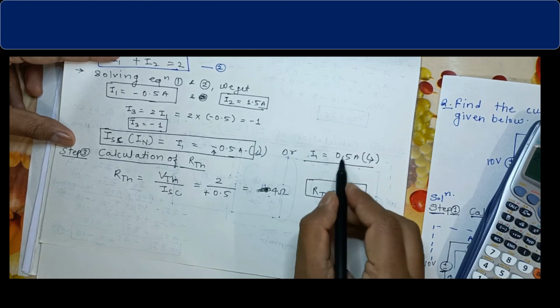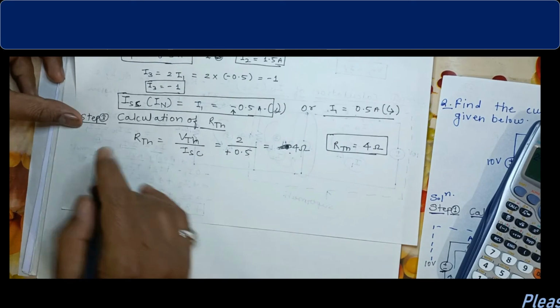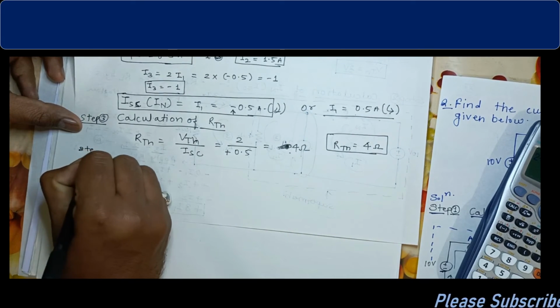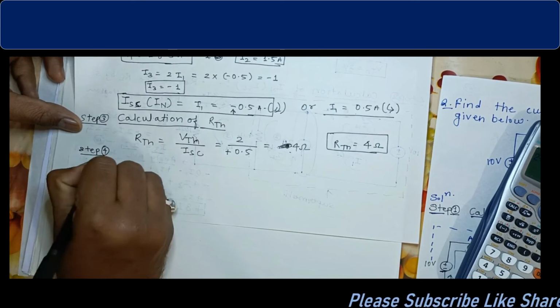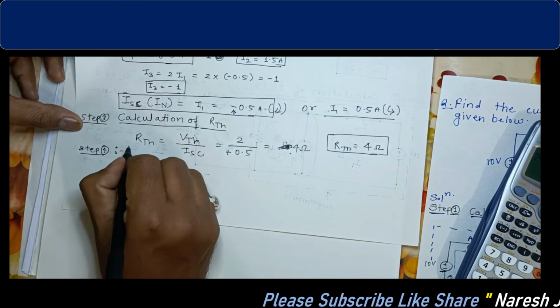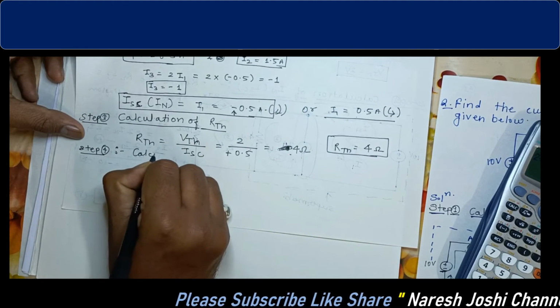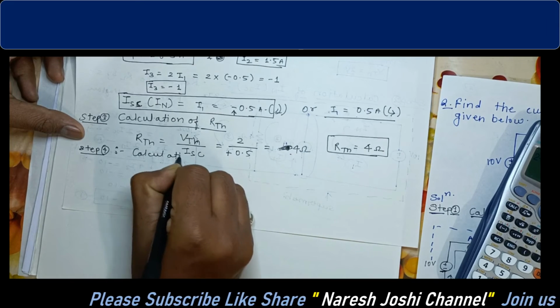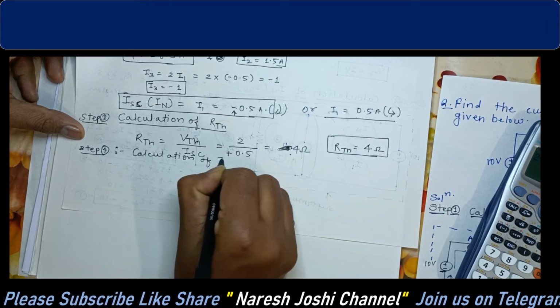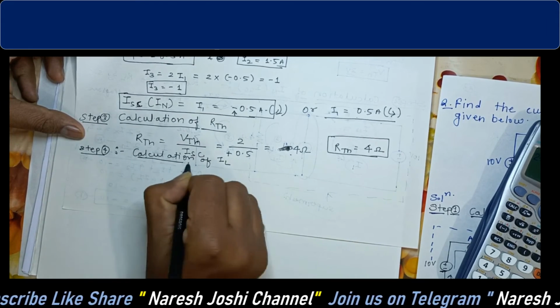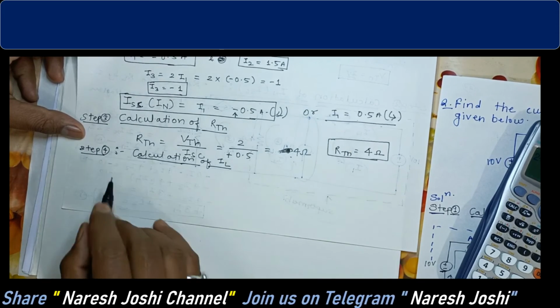I will show you what we have considered. Next, step number 4, calculation of IL. Here you have to take the precaution about the negative sign.